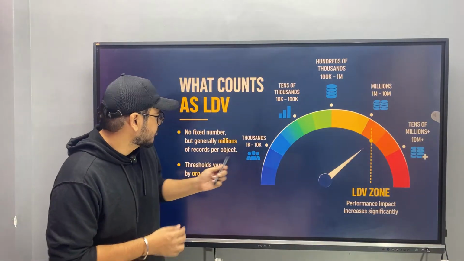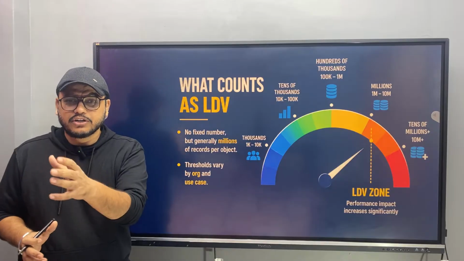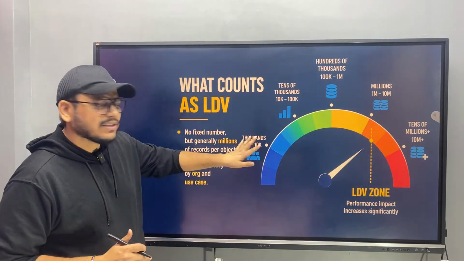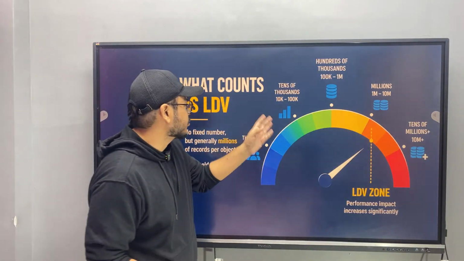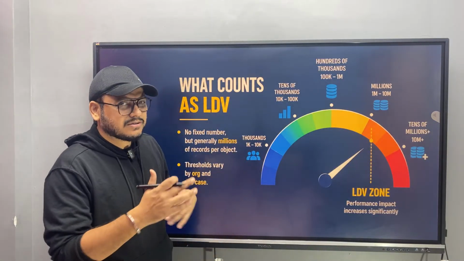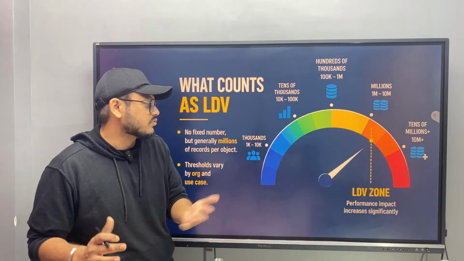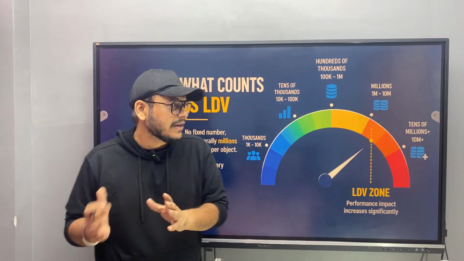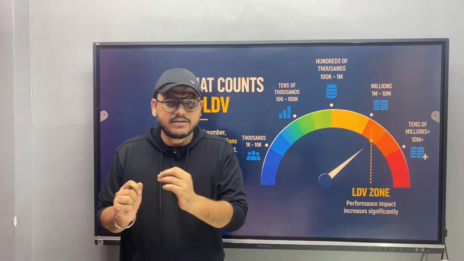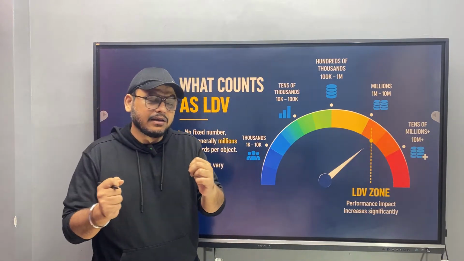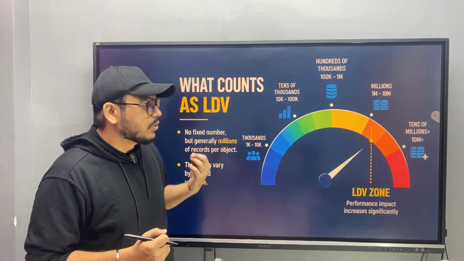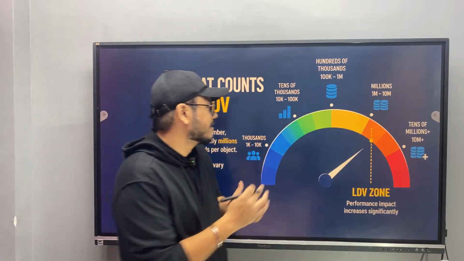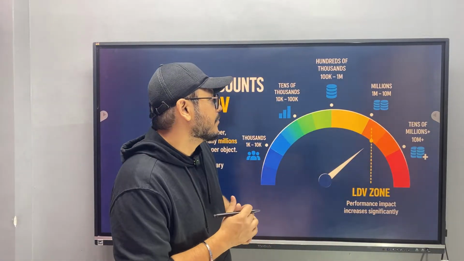I'm talking about the number of records that you have per object. If you have, say, 10,000 records in an object, absolutely not an issue. Tens of thousands of records, say 100,000, 150,000 records in an object, that is also not an issue. If you have up to a million records, that is where it starts getting a little towards large data volume, but still manageable.